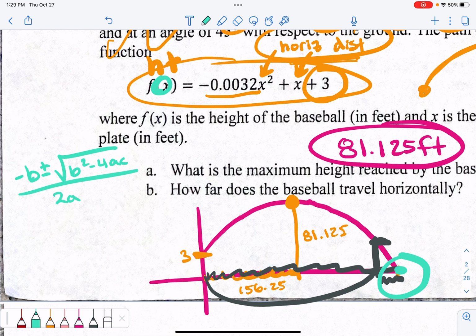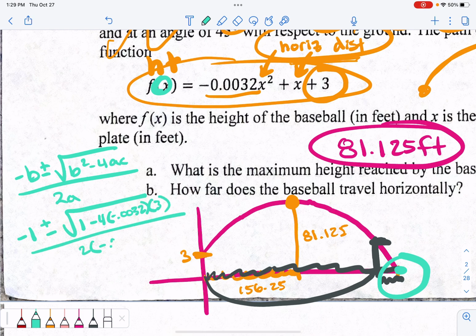So negative b would be negative 1, plus or minus the square root of 1 squared, which is just 1, minus 4 times a, which is negative 0.0032, times c, which is 3, all over 2a, which is 2 times negative 0.0032. I'm going to type that whole thing into the calculator.